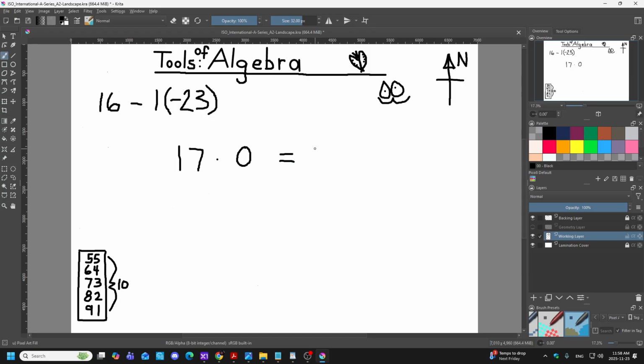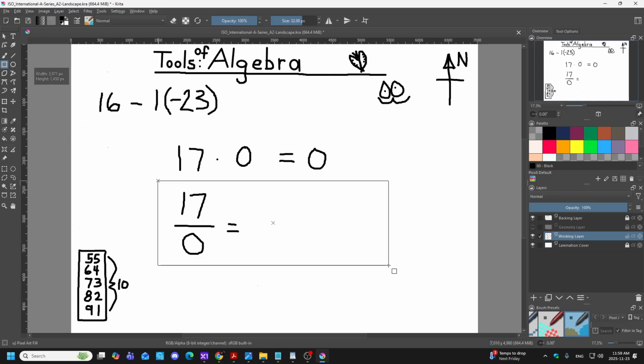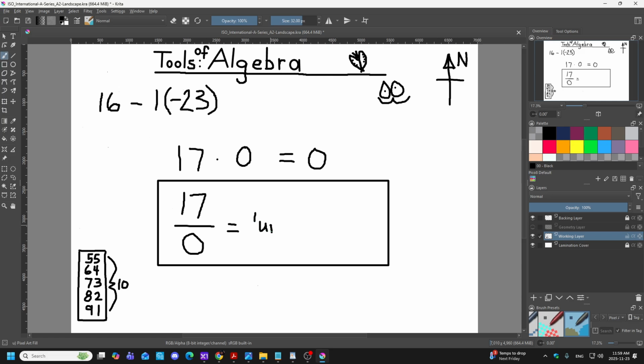That's multiplication. In turn, any value divided by 0, if you remember, guys and gals, this is the rule I want you to remember: undefined. Okay, this is important to remember.